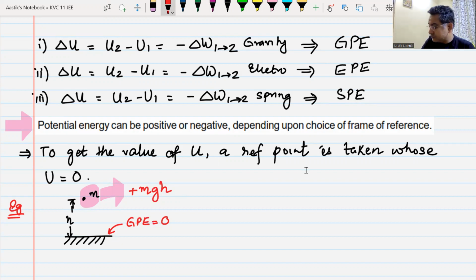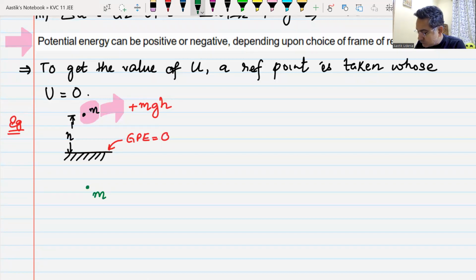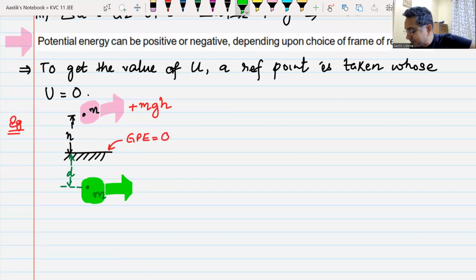Now, if I have another point here, and it is at a distance, let us say d, below ground, what would be the gravitational potential energy of this mass?